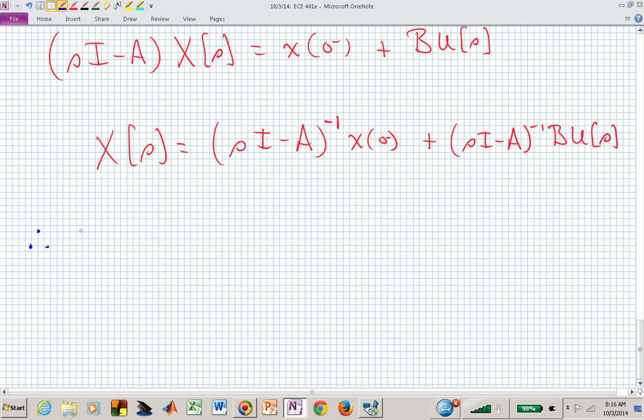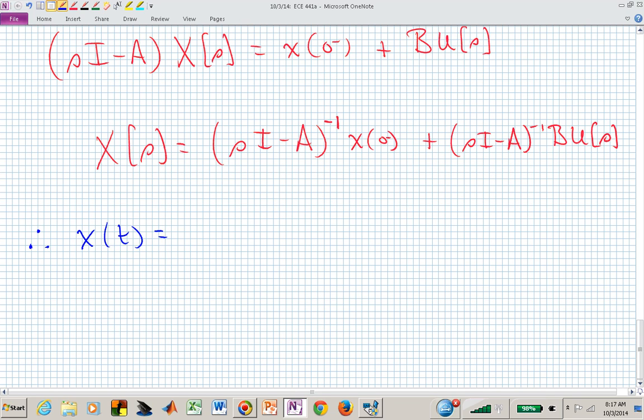If we now inverse Laplace transform that equation, this sI minus A inverse is going to be consistent with how we did it in the scalar case. 1 over s minus A in the scalar case is really what you're looking at now in the general vector case. You now have an sI minus A inverse, so you could think of this as 1 over s minus A. And how did 1 over s minus A inverse Laplace transform?